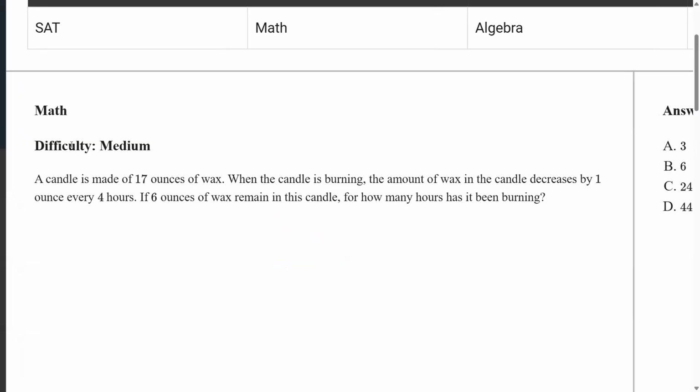We have first to calculate the amount we have lost, which is 17 minus 6. We have lost, sorry, not 12, it will be 11. So we have lost 11 ounces. Then multiply this by the number of hours. Give you 44. Answer is D.